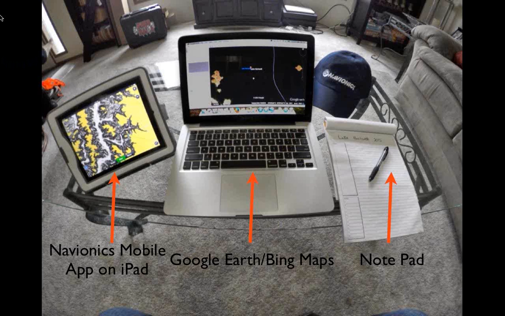Right here you can see a zoomed in version, and if you look on that Bing map, you can see how the water level's down.